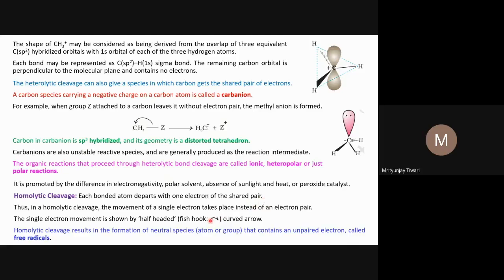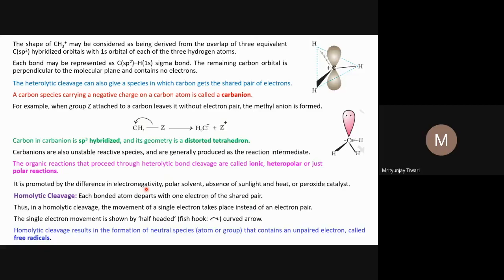We use two half-headed curved arrows, one going in this direction and another in the other direction. Homolytic cleavage results in the formation of neutral species, which could be an atom or a group, that contain an unpaired electron, which are called free radicals.